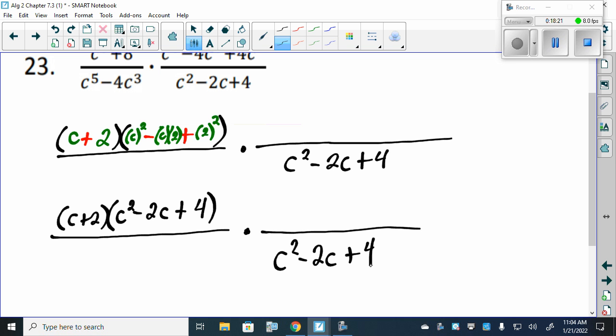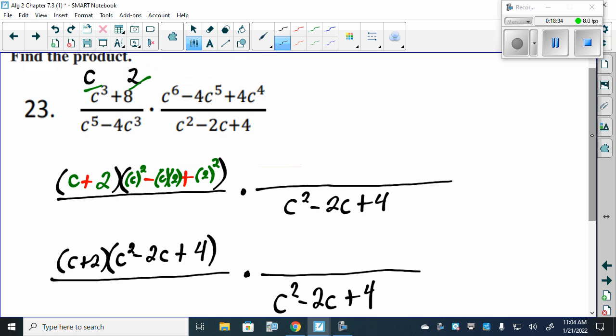We don't need to do anything to it because they already will match up when we do the multiplication, so we don't have to do anything to simplify it. All right. Which one do we want to look at next? The one with c to the 6th or the one with c to the 5th as its starting term?